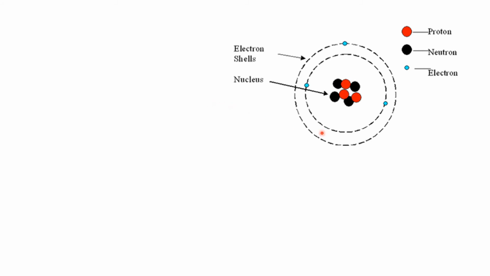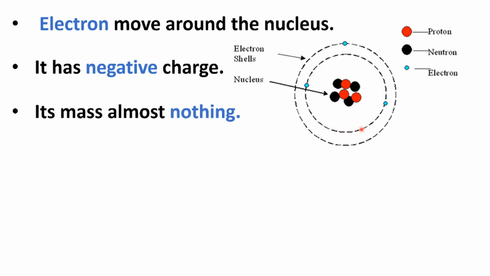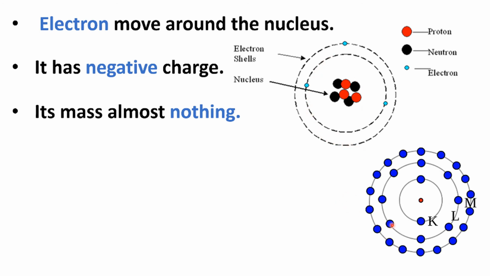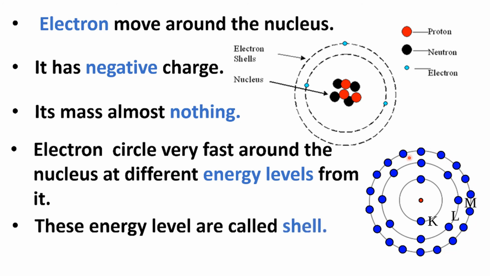We will talk about electrons. Electrons move around the nucleus. They have a negative charge, and their mass is almost nothing. Electrons circle very fast around the nucleus at different energy levels from it.